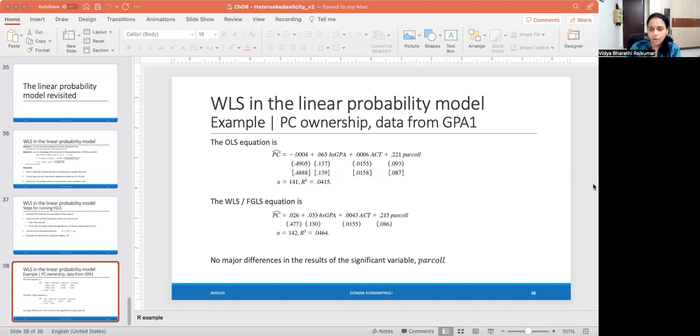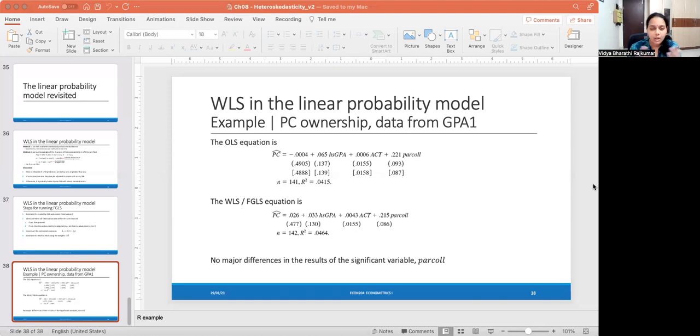And what I have to do is that if u squared is unrelated to any x variable, then all of the slope coefficients have to be jointly 0. If delta 1, delta 2, and so on up to delta k are all 0, then it means that u squared is unrelated to any x variable, and therefore, if the null is true, homoscedasticity holds.